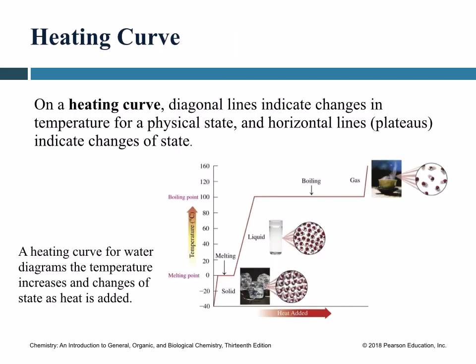We can represent the change in temperature as heat is introduced into matter using a heating curve. Starting with the solid at the bottom left corner, heating the solid increases the kinetic energy of the molecules and temperature increases. This is represented by a diagonal line.